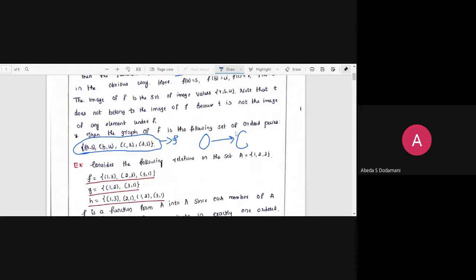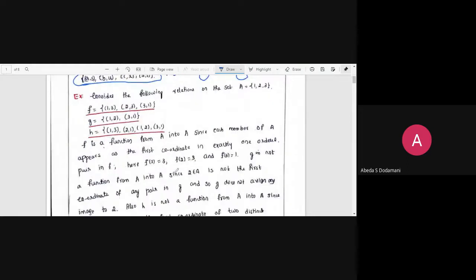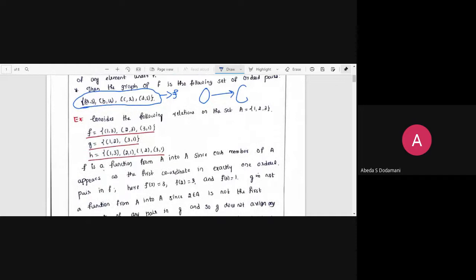Now let's see some of the following relations and check whether they are functions or not. Here the set A is given and there is a relation from set A to set A. Let me draw it as a figure so that it will be more clear. Here I have 1, 2, 3, and here also 1, 2, 3.